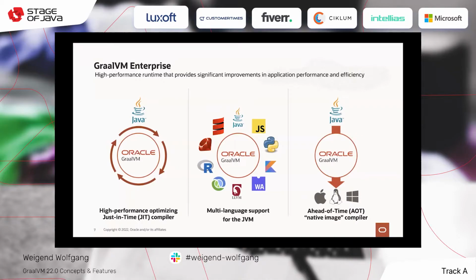The third part here, you see it's a major feature. It's the creation of a native image with the ahead-of-time capability. And therefore, you can build microservices based on microservice frameworks. And these microservices often use a single-page application with JavaScript.